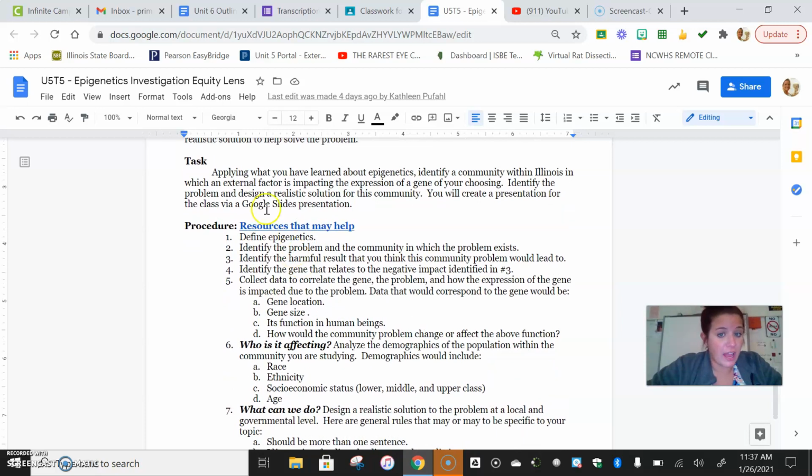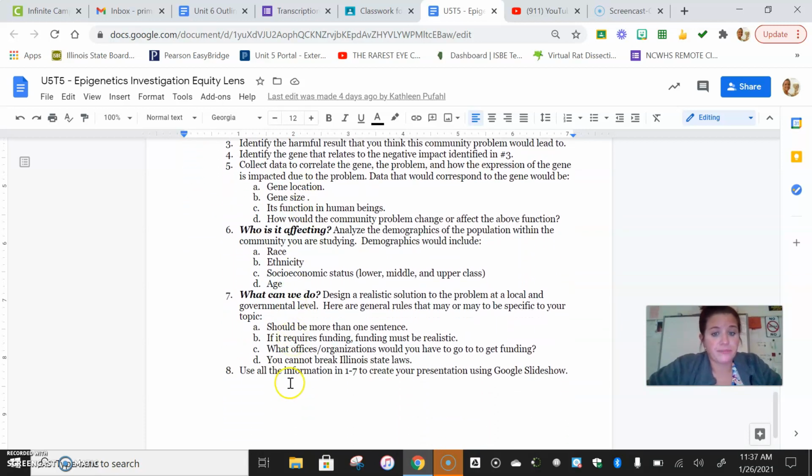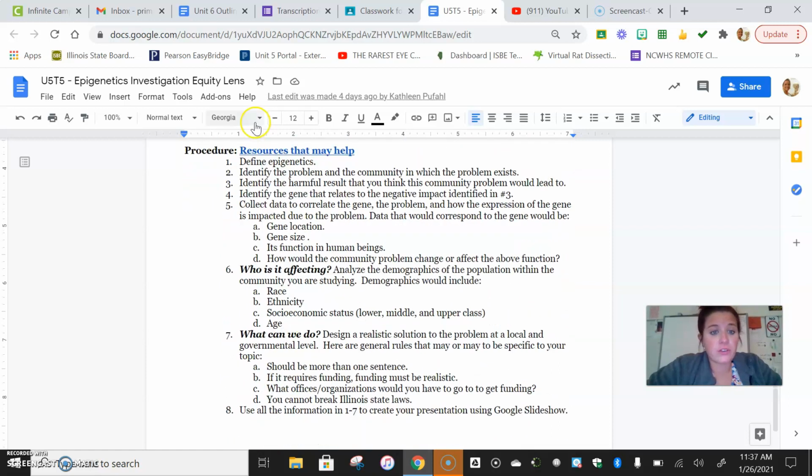So your task is to answer these questions here. You're going to use this as a planning sheet, and then eventually you're going to use all of the information in questions 1 through 7 to create a presentation using Google Slides. So first thing you're going to do is define epigenetics, then identify the problem and the community in which the problem exists.